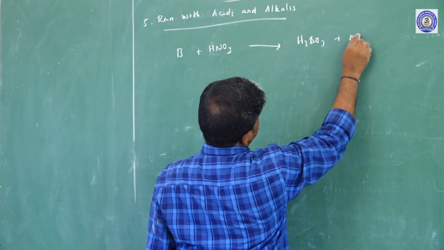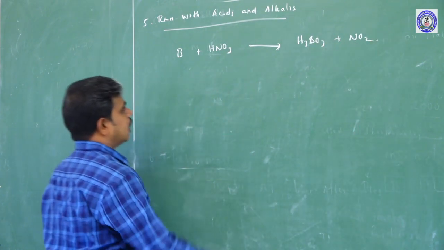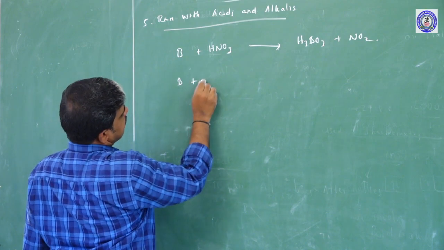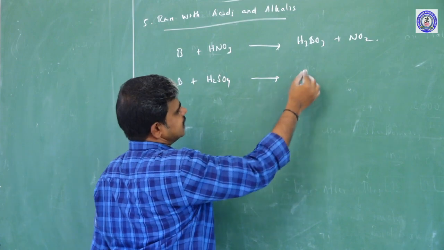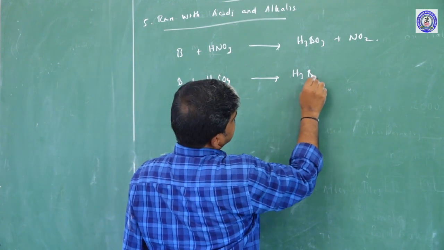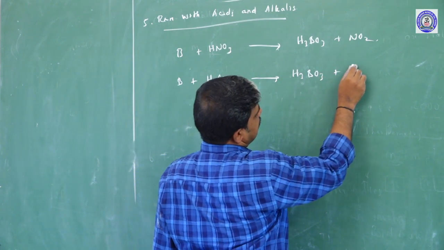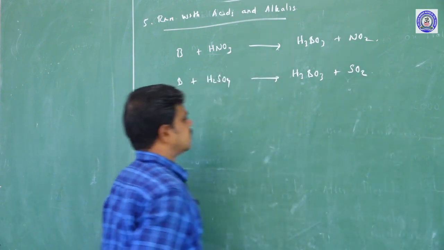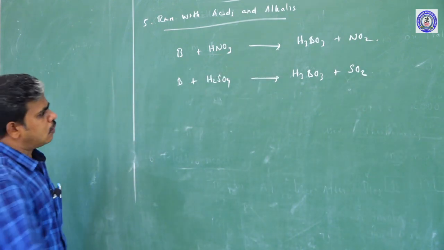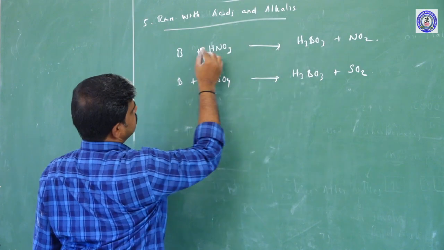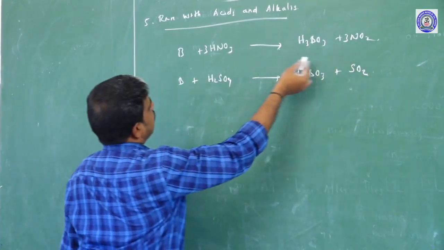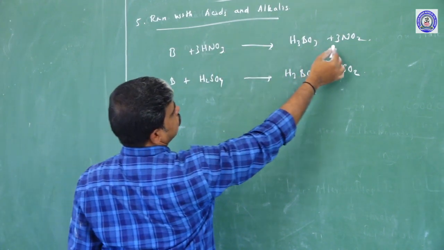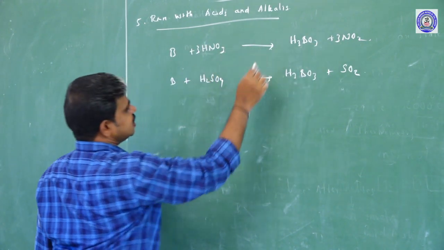H3BO3 and NO2. Then when boron reacts with sulfuric acid, here also H3BO3 and sulfur dioxide. Now balancing the equation, it is 3 hydrogen, so 3 nitrogen, so it is 3, and oxygen is 9, so it is 6 and 9, so it is balanced.